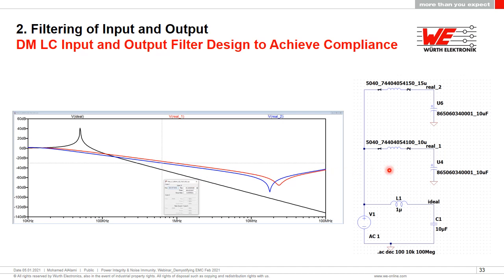And the reason for that is that ESR, that 1.45 ohms that we saw earlier, dampens that and reduces the effectiveness of my filter capacitor. And this is why we went from 10 microfarads to 15 microfarads. That's where you go from red to blue in order to increase the amount of attenuation to get me around the 30 dB marker of insertion loss at 630 kilohertz.